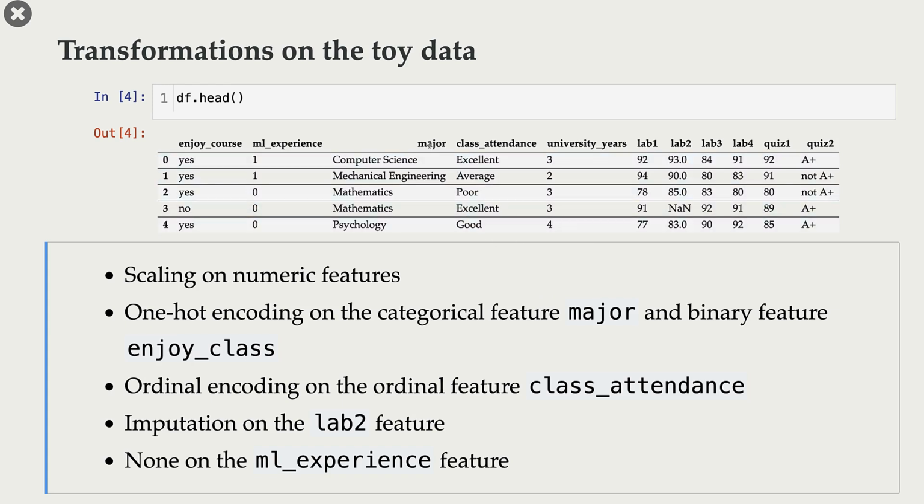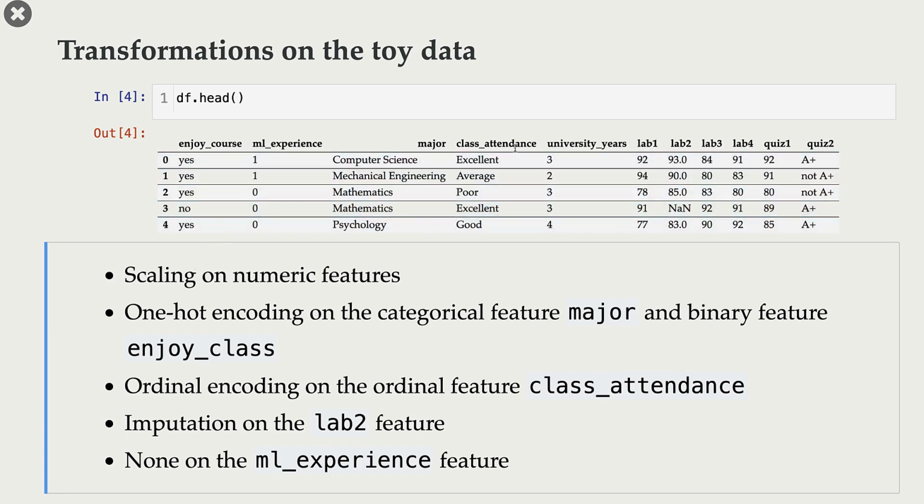Second, we have this major feature, which is a categorical feature, and we would like to apply one-hot encoding on it. Also, we have this enjoy course feature, which is a binary feature, and again, we would like to apply some kind of encoding on it because Scikit-Learn won't accept this column as one of the features. We need to encode it into numbers.